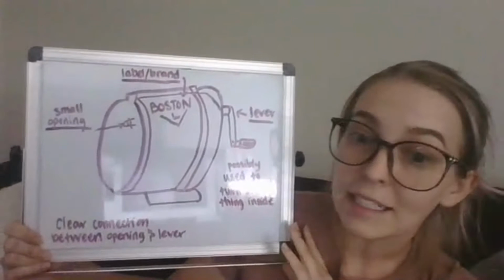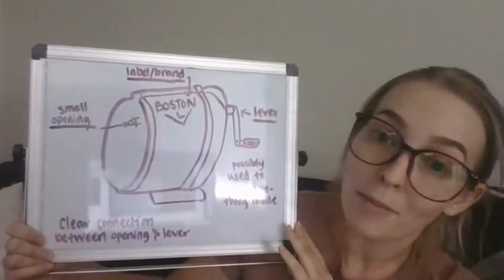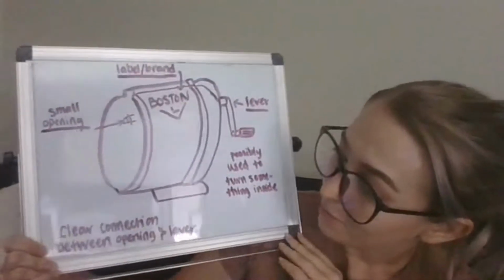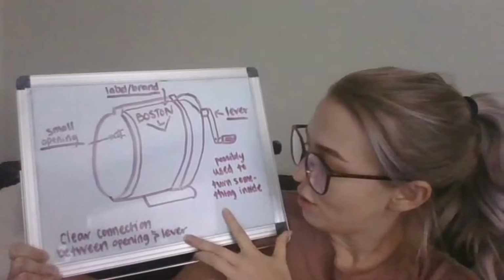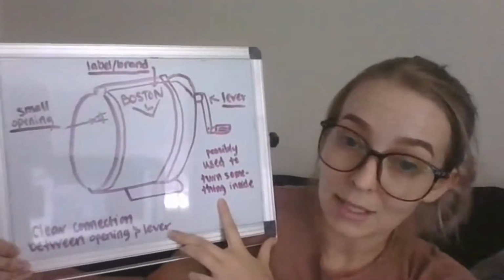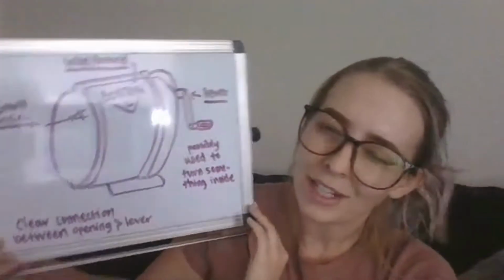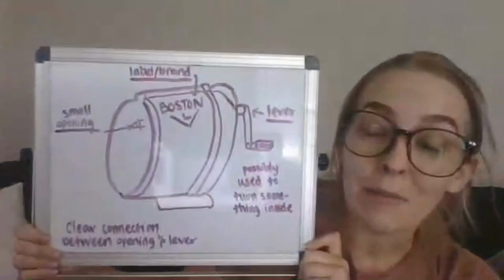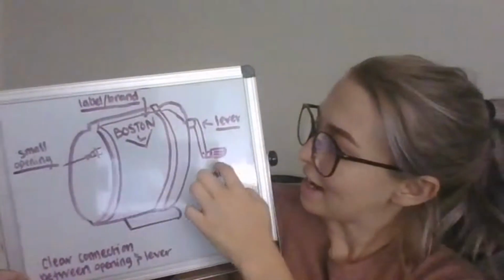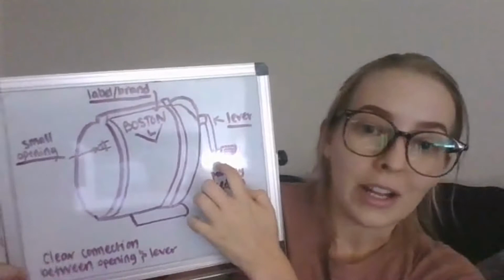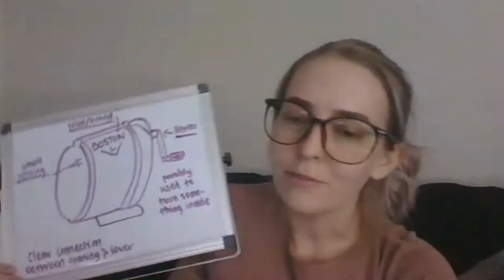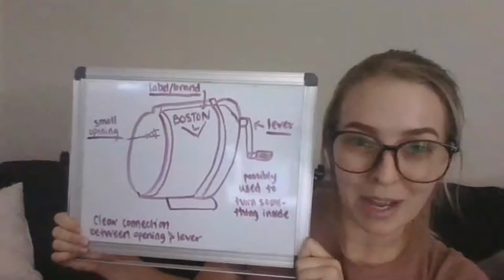I made sure to make it really nice. This is the best of my ability. You can see the little notes I wrote down here about things with explanations. I didn't have any questions about this because I happen to know what this is. But if you have questions, like say I didn't know what this is, I could write, what is this used for, etc. Okay, so this is mine.